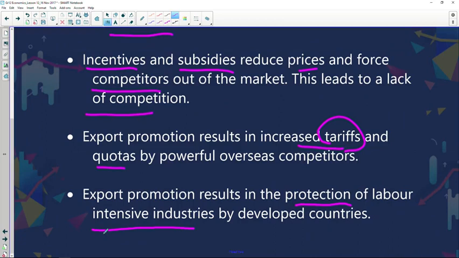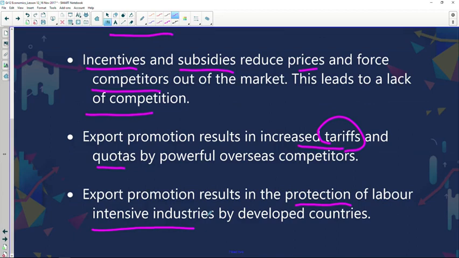Developed countries will have the capacity in terms of the resources that are needed in order to make certain products, and therefore there will be more intense activities happening in the industries, particularly in the primary sector, where there's a lot of production and where we extract raw materials. So there'll be a lot of activity around that.